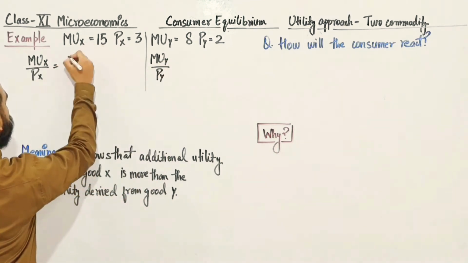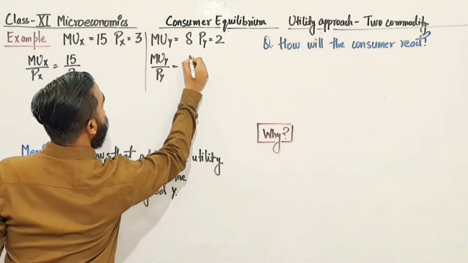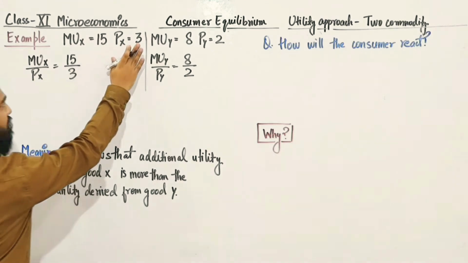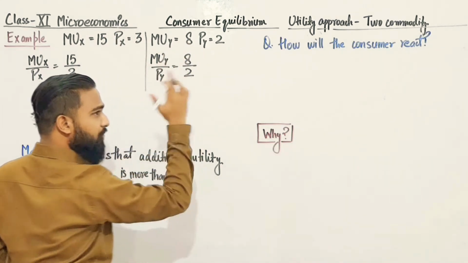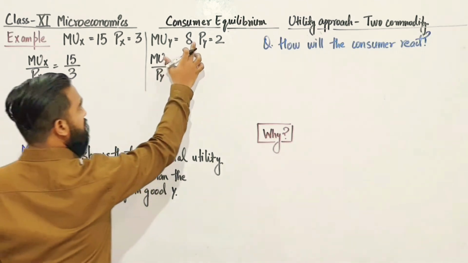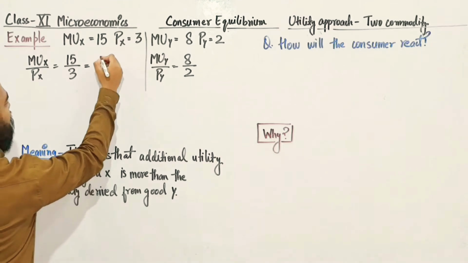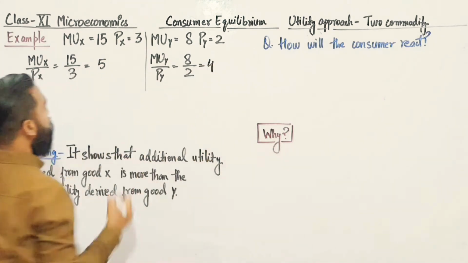MUX upon PX and MUY upon PY. Let's put the values. 15 upon 3, 8 upon 2. Here the value of MUX is 15 and its price is 3. MUY is 8, the marginal utility which is being received, and the price of that commodity is 2. Now, the value is 5 and 4.